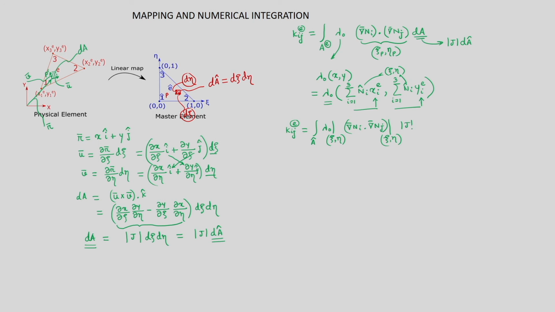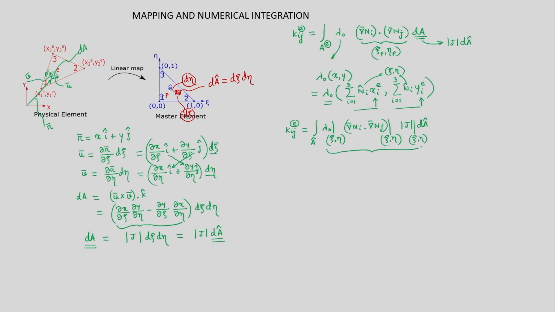Then we have determinant of J that corresponds to this particular element times dA hat, alright. So Jacobian can also be a function of xi and eta, as we will see later.